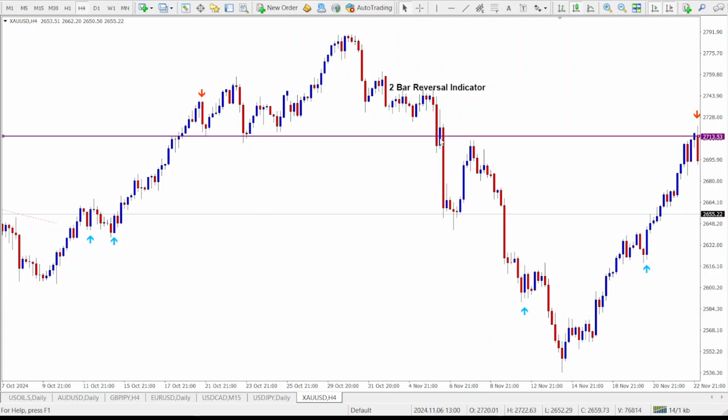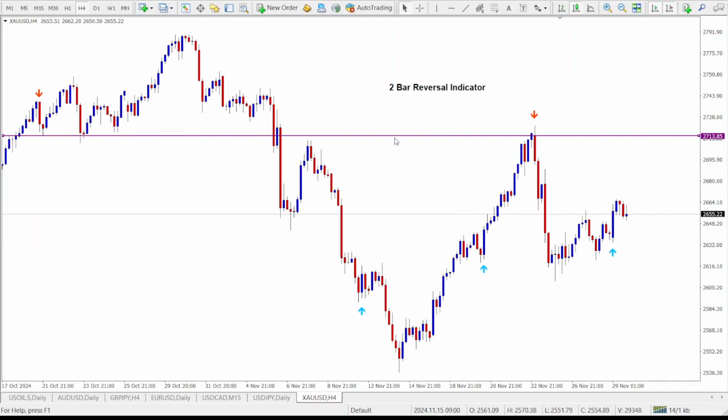As you can see here, price was actually around the resistance. This was a rejection, rejection, again rejection. So this is a resistance zone, and the indicator gave us a sell signal around that resistance. So that was a great point of entry for a sell trade, right?